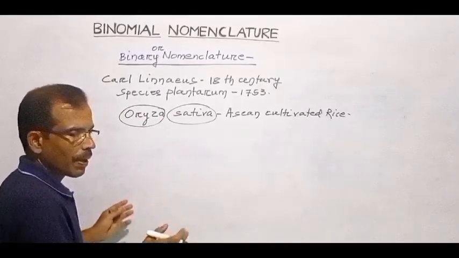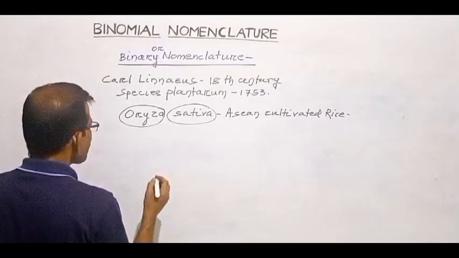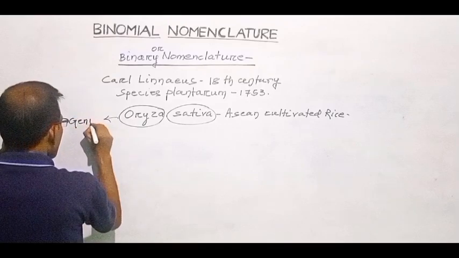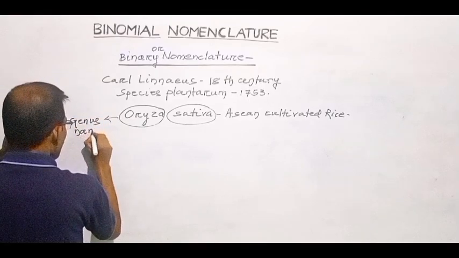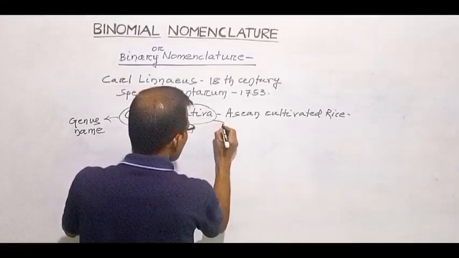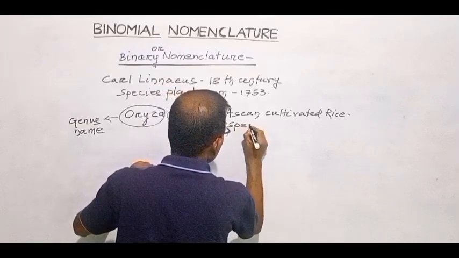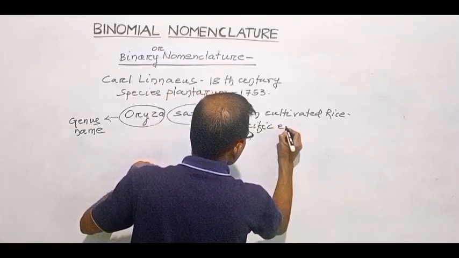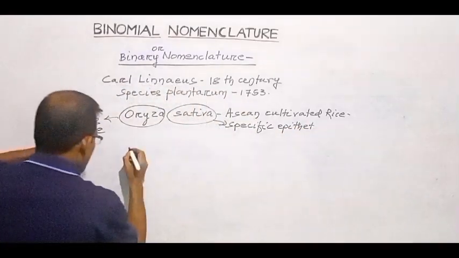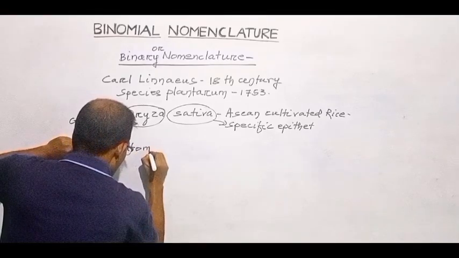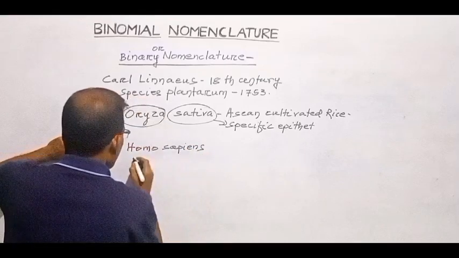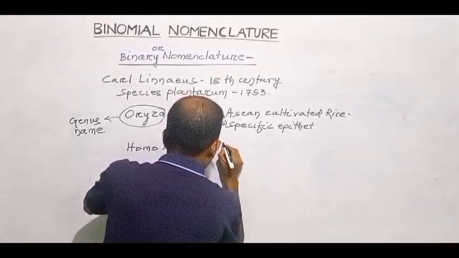It consists of two parts. In this name, the first part, that is Oryza, is the genus name. On the other hand, the second part, sativa, represents the specific epithet. Another example is Homo sapiens. It is the scientific name of the modern human being.